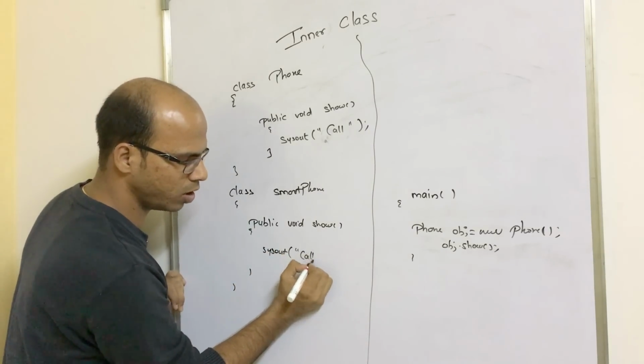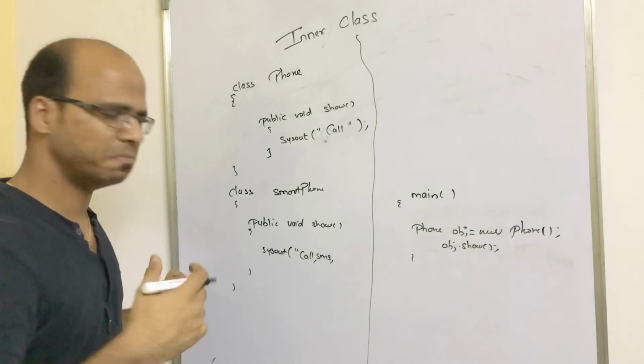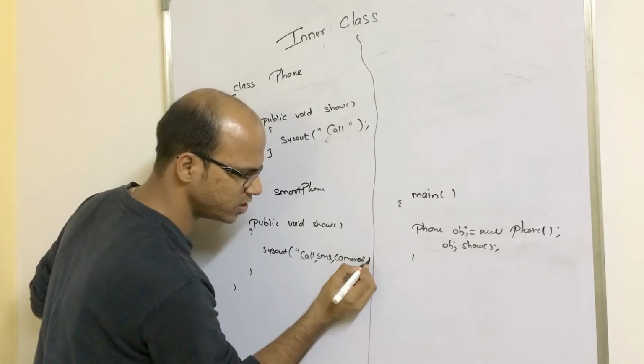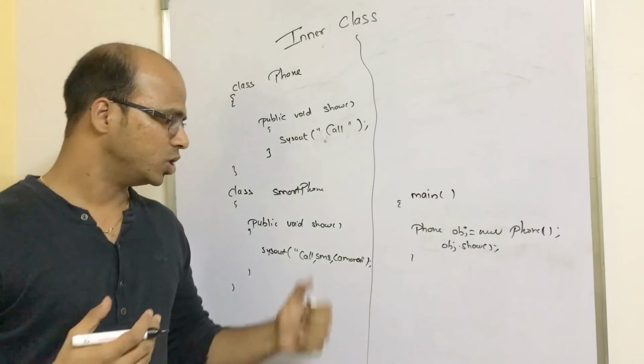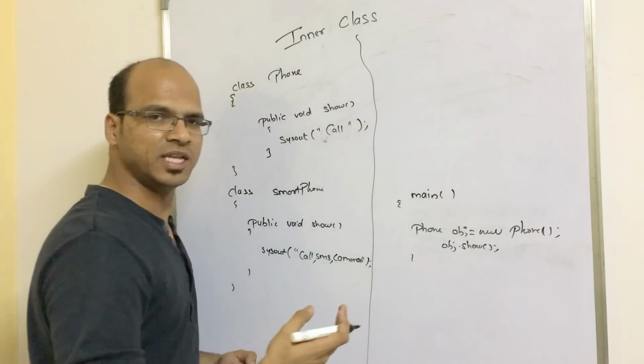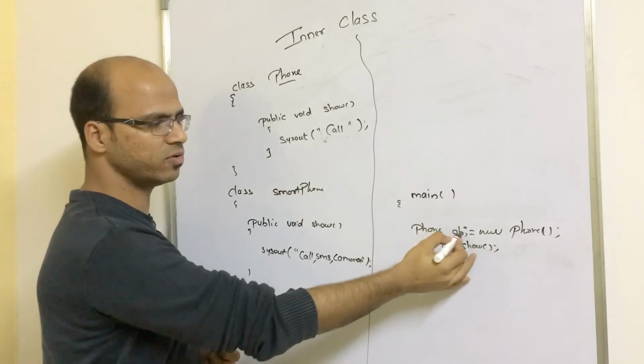Now this will print call, this will print SMS, this will print maybe camera, right? So we have lots of features in one phone, right? So whenever I call show now, it will print phone. But I want to change the implementation. I want to go for the same phone reference.